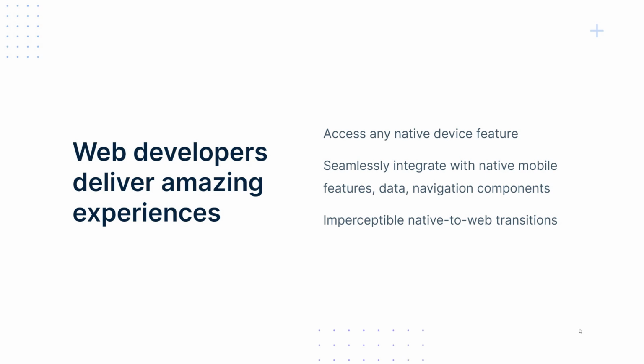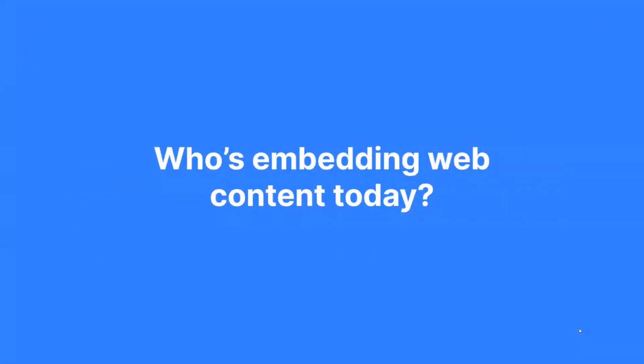We'll see some of these examples in a minute with our demo. And perhaps what matters most is the user experience. If transitions between native and web looked janky or quite obvious, that would not be so great, right? You want this to be imperceptible to users, and it is. You can transition between different screens and different experiences seamlessly.